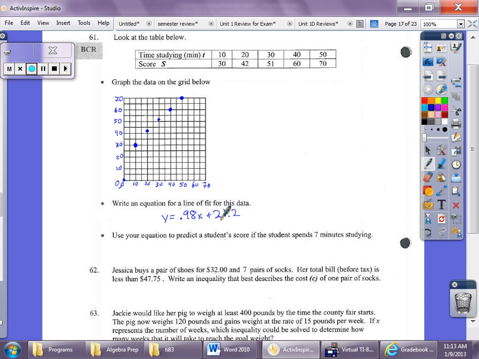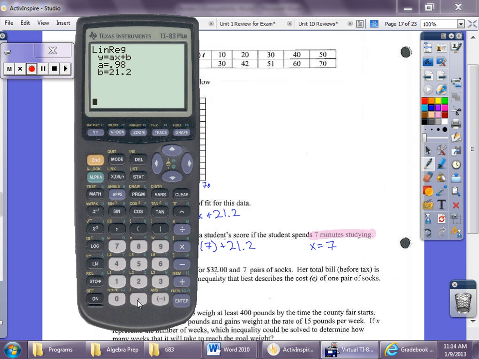So now we have our equation, and use your equation to predict a student's score if the student spends 7 minutes studying. So we know that x will equal 7, so we're going to plug in 7 for x. So y equals 0.98 times 7 plus 21.2. And we can simply just do 0.98 times 7 plus 21.2.